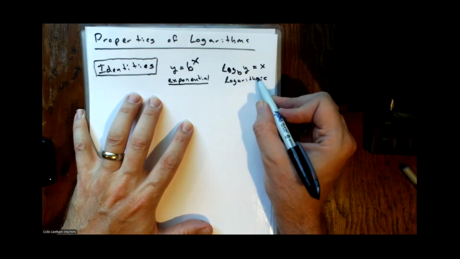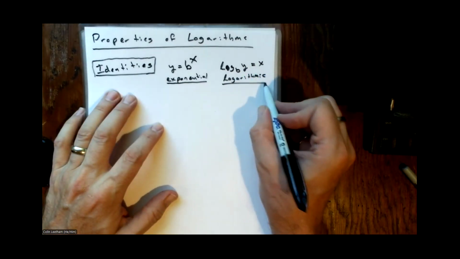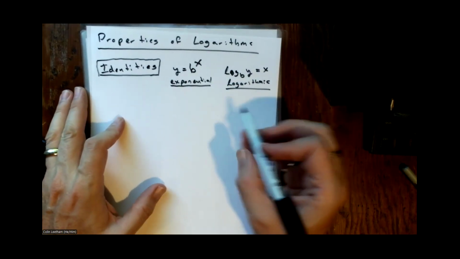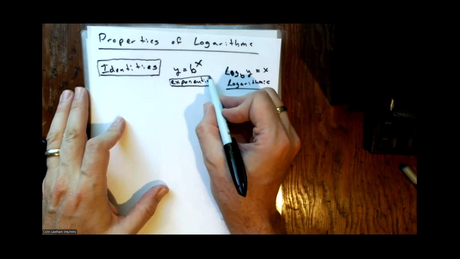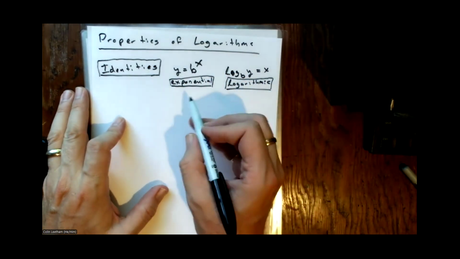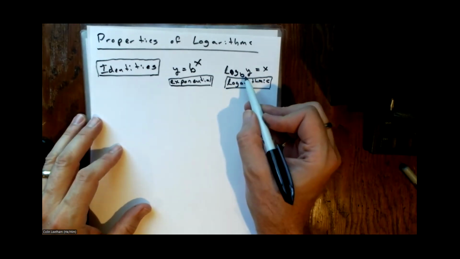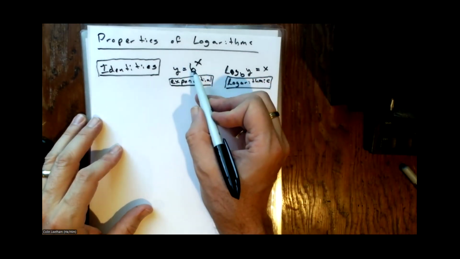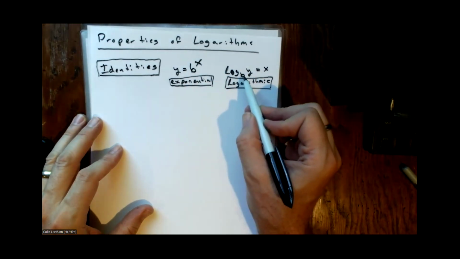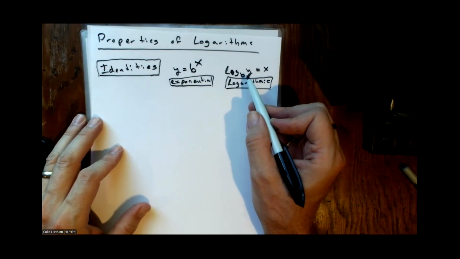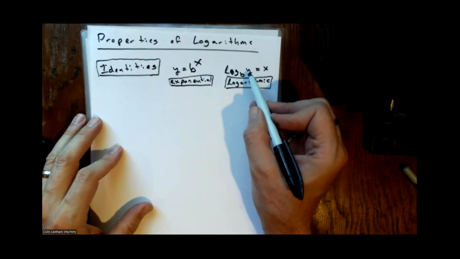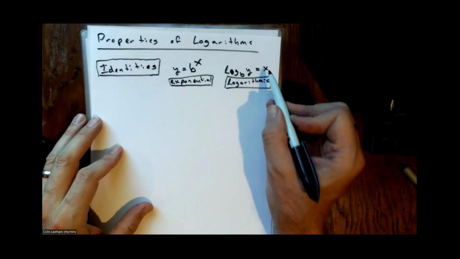Notice that on both of these, the base is the same. The base of the exponent is b. Here, the base of the logarithm is b. And when I take this logarithm, the answer is an exponent.